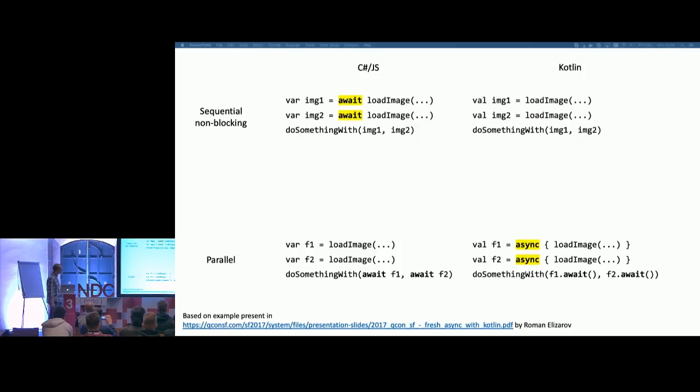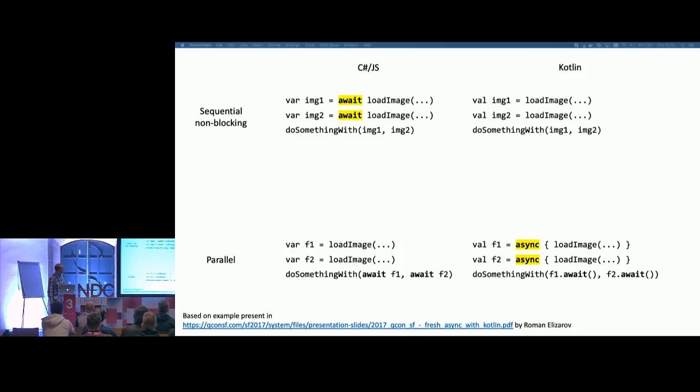And the example is one where I need to load two images and then do something with both images. If I want sequential non-blocking processing and I'm on C# or JavaScript, I need to put the await. So I do loadImage, I receive a task of an image, and then I do await. I do a second loadImage, I receive a task of an image, and I do await, and then I do something with the images.